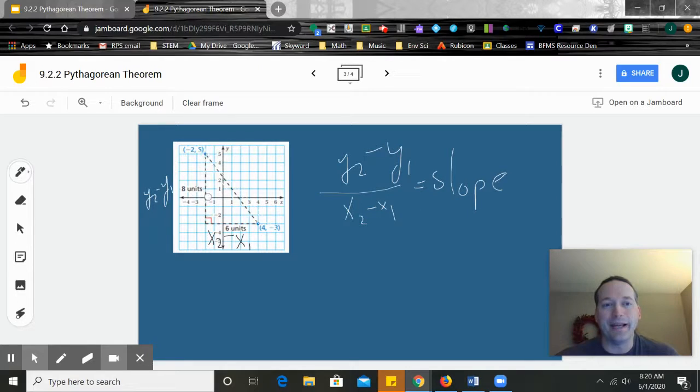Yes, it is. So we have the difference in y's, or y2 minus y1, and this is x2 minus x1. So we're doing the same thing you did to find the slope, but instead of dividing those two, we're just going to take the square of this and take the square of that.